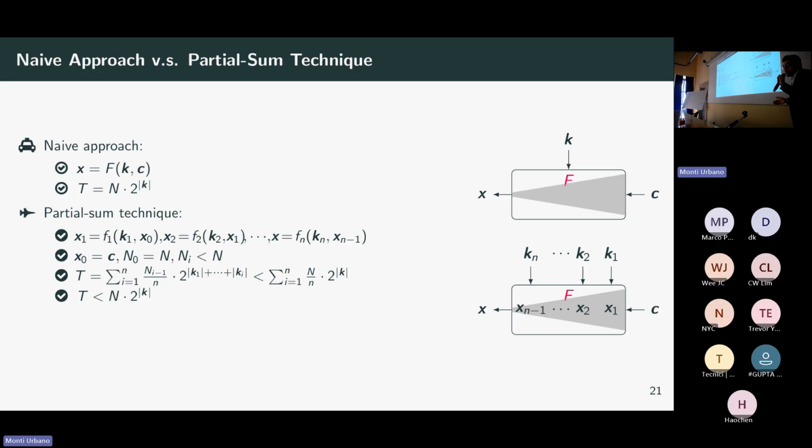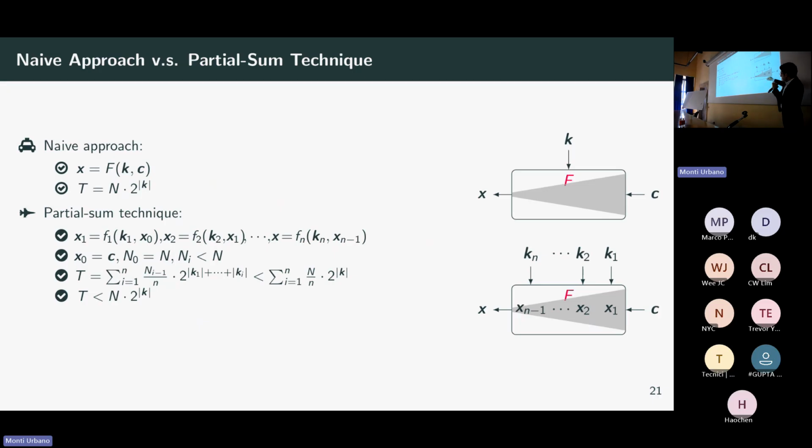The idea of the partial sum technique is breaking down the decryption steps into smaller steps and then doing them step by step. But what's the advantage? As you can see in this visualization, when you approach from C to X, the intermediate data that you should process becomes smaller and smaller.